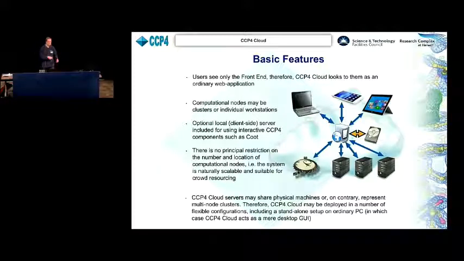This is useful for interacting with some components of CCP4, such as Coot. And this is a completely scalable solution because the number of number crunchers is basically not limited in any way. So it's suitable for crowd resourcing.